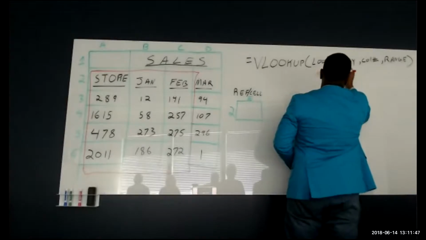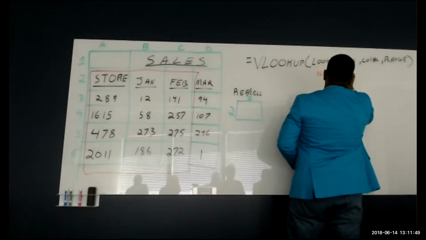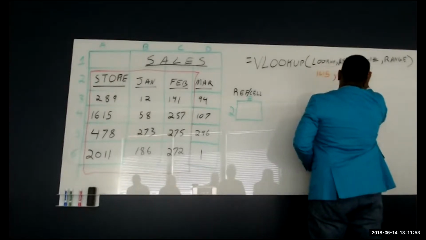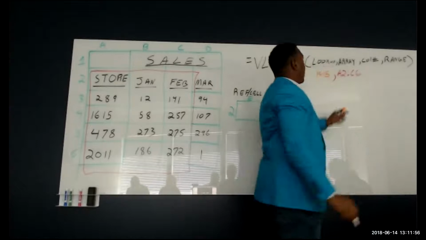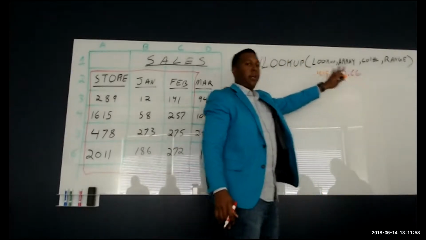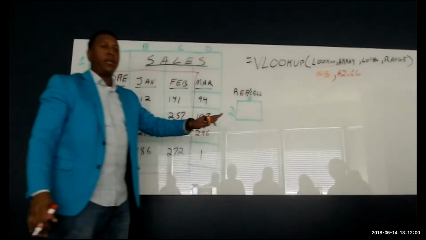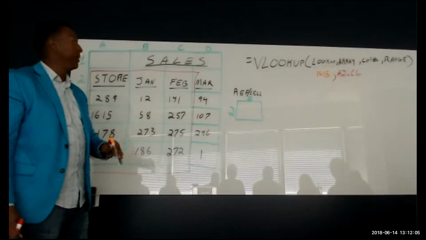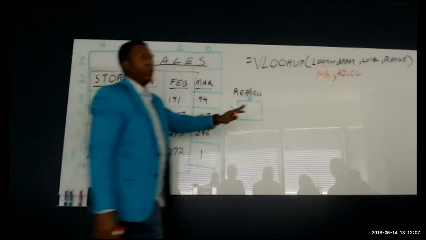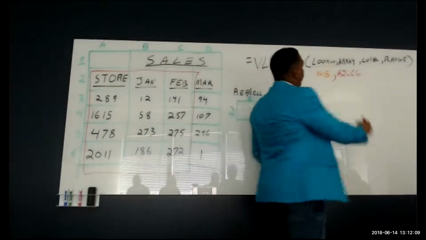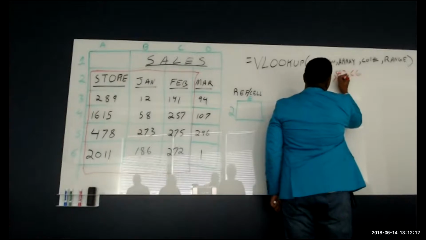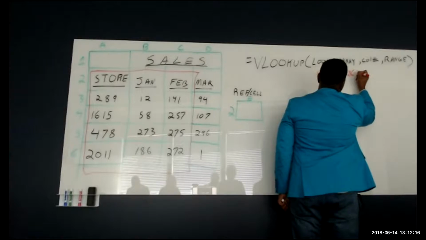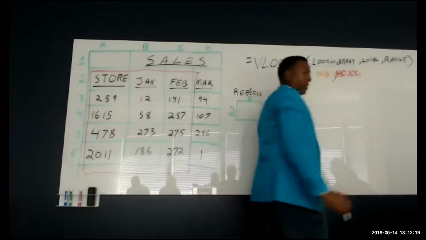So in our example, we have A2 to C6. Now, in an array, best practice, whenever you do your array, make sure you lock down the array. In order to lock down the array, what I mean by that is to make sure that you put a $ sign in front of the A, in front of the 2, and a $ sign in front of the C, and a $ sign in front of the 6.